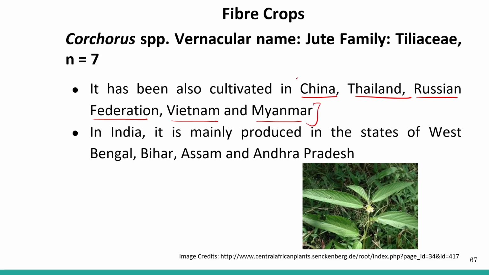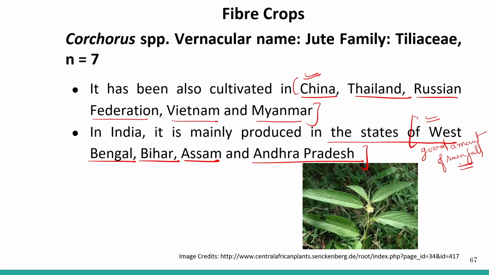So these are some of the other countries that also produce jute along with the major producing countries, India and Bangladesh. In India, it is mainly produced in the states of West Bengal, Bihar, Assam and Andhra Pradesh. So these are the states that have a good amount of rainfall, and for this we require a good amount of drainage water. So that is why these states are good in producing jute.